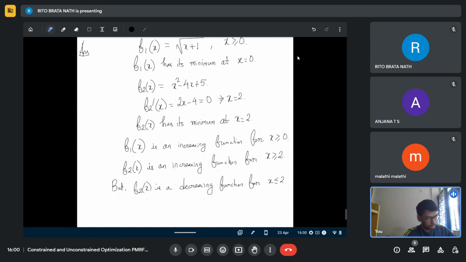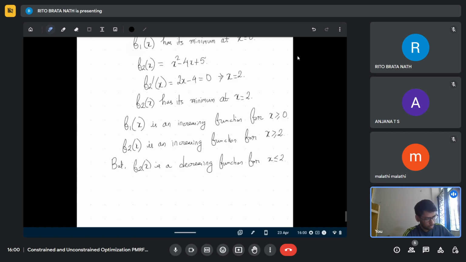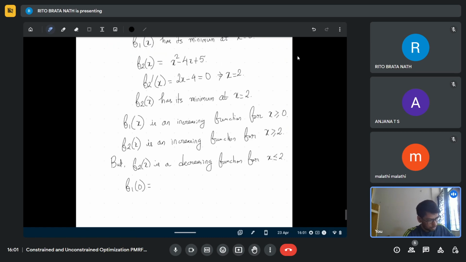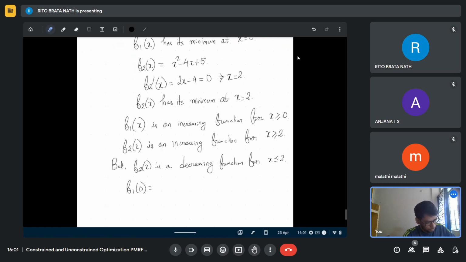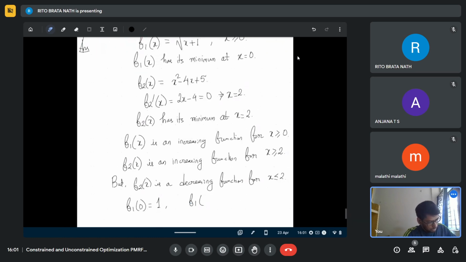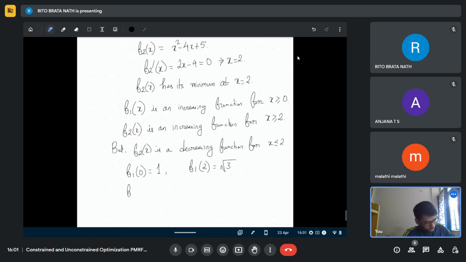The main thing to notice is, let me write down: f1(0) equals 1, f1(2) is root 3, f2(0) is 5, f2(2) is 2 squared, which is 5.